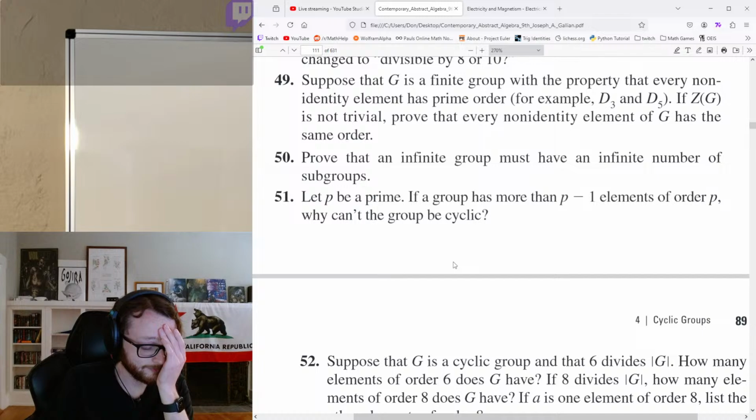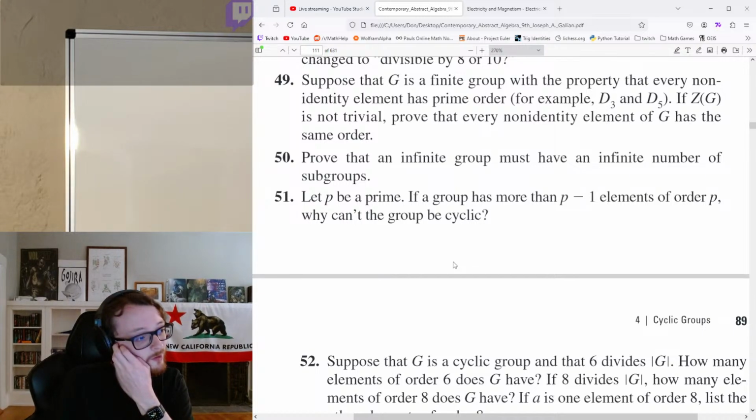Okay, the Euler phi function, the theorem we have with that goes the wrong way, right? Where if a group is cyclic, it has phi of d elements of order d. Here, we're given it has at least p many elements of order p, which certainly cannot be the result of phi of p.